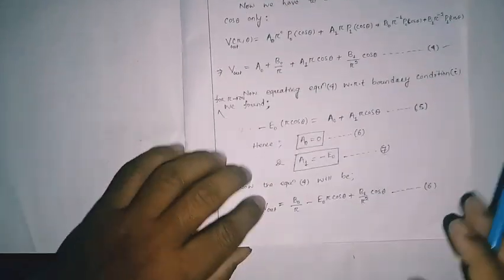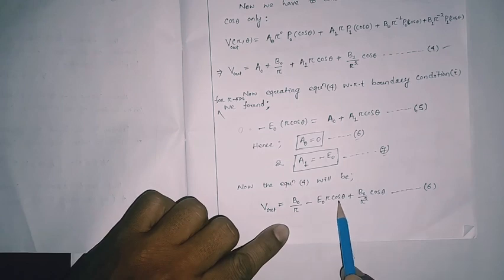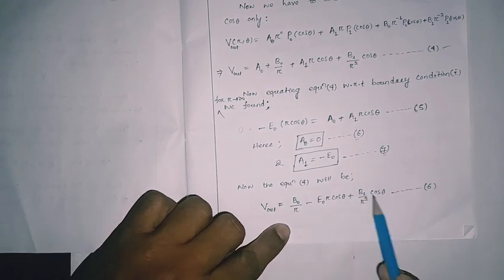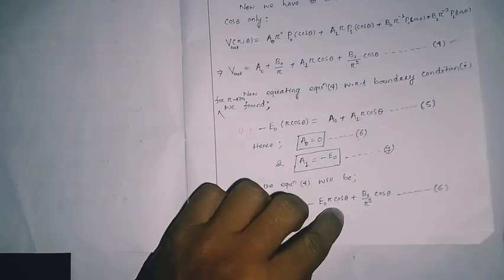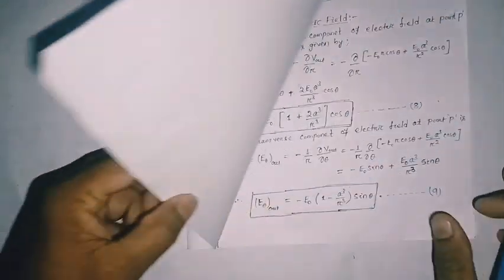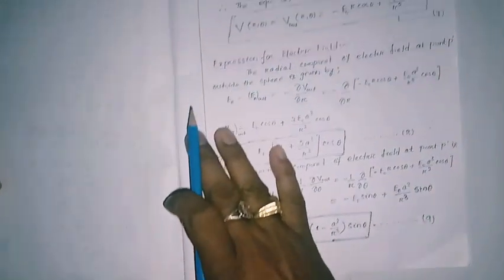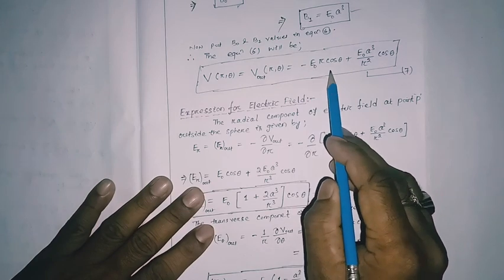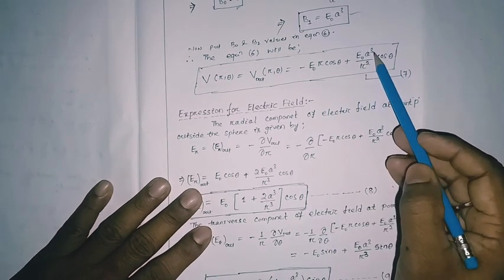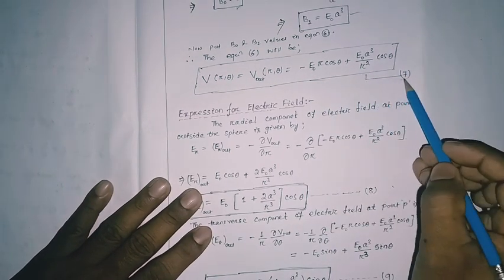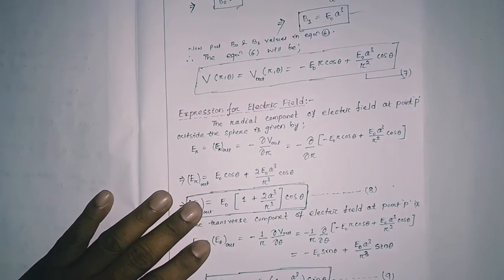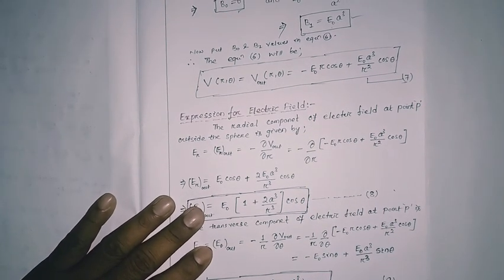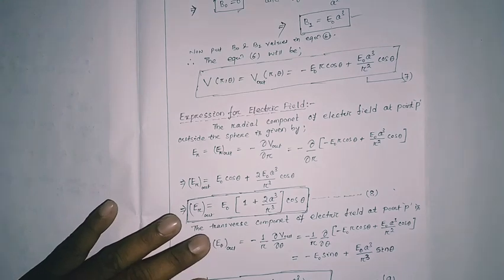So finally we find minus E0 r cos theta plus E0 a cube by r square cos theta. This is equation number 7, and this represents the general solution.